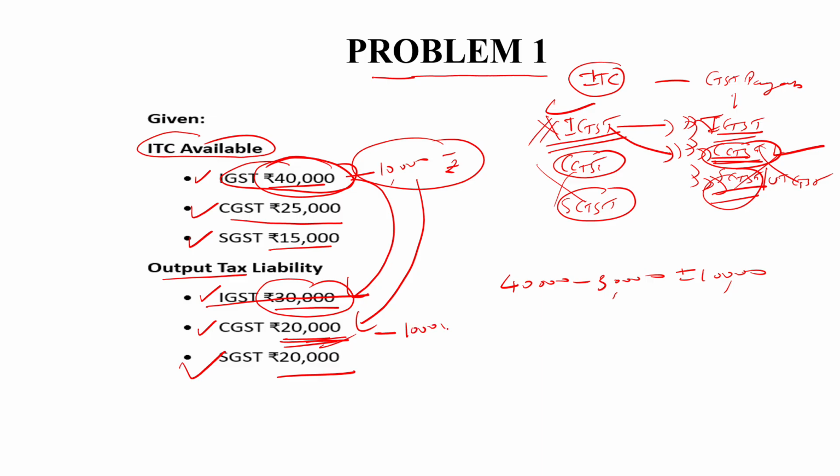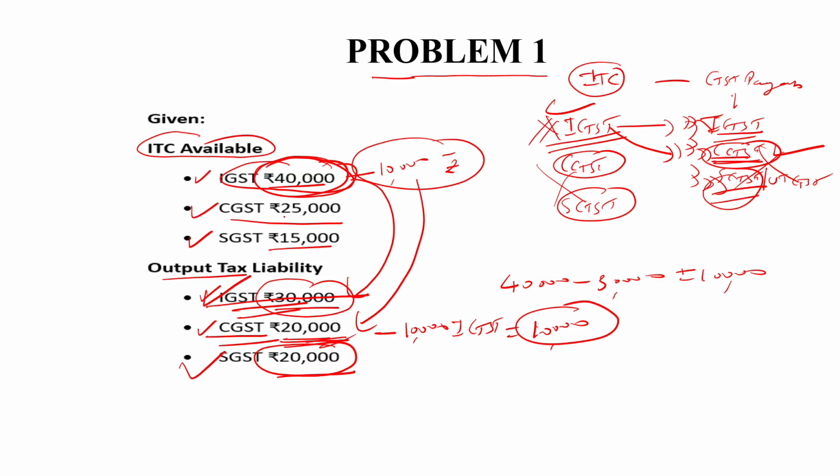We deduct this 10,000 of IGST, and the remaining balance is 10,000. So the 40,000 is used to first pay IGST totally, and the remaining 10,000 is utilized for CGST. Now we have 10,000 of CGST and 20,000 of SGST liability. I hope this is clear.